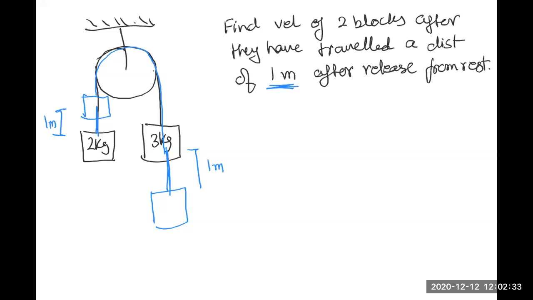So here I have found the initial and final configuration of the system. पहले ये blocks कहाँ थे, अब ये blocks कहाँ हैं? Okay, and please also notice that I have a system consisting of 2 blocks, 2-point objects.